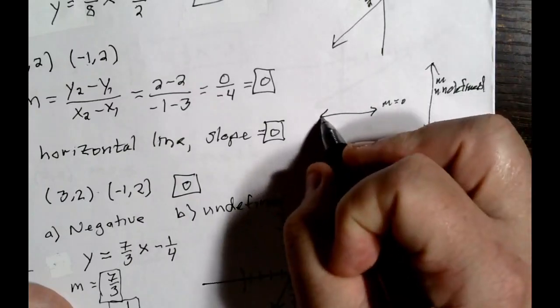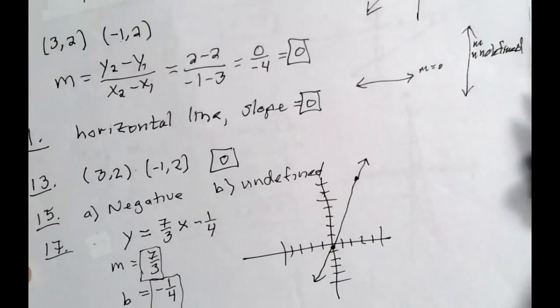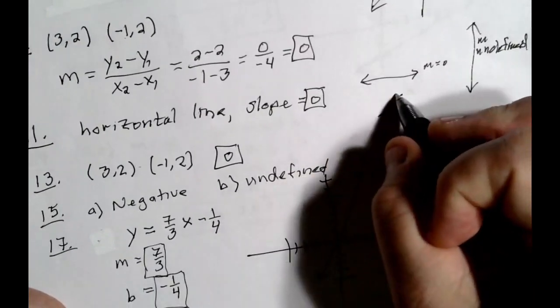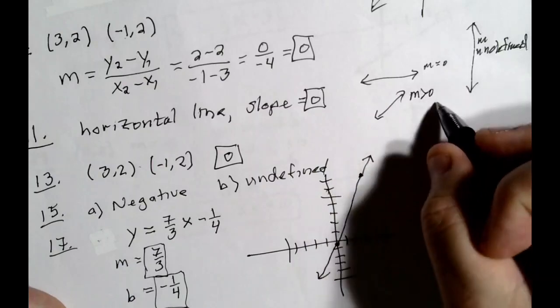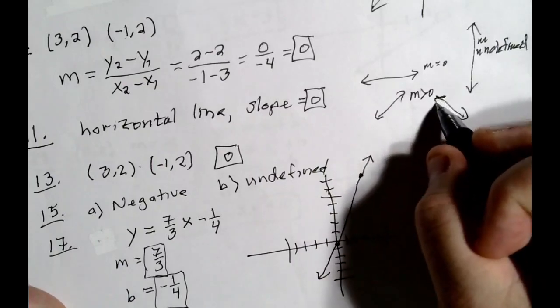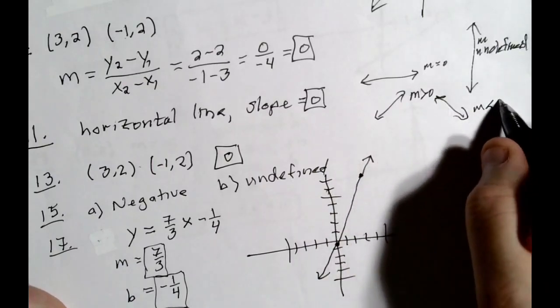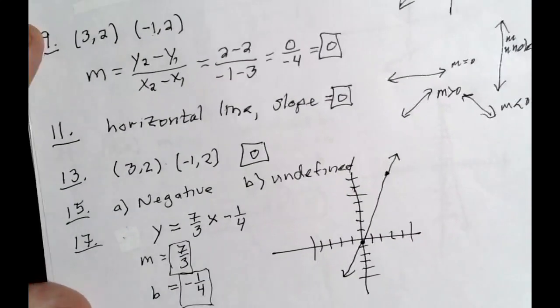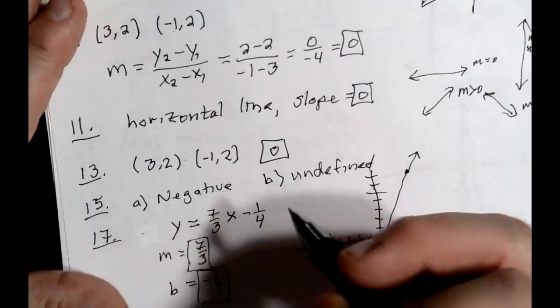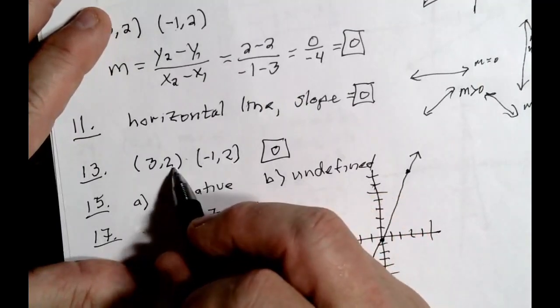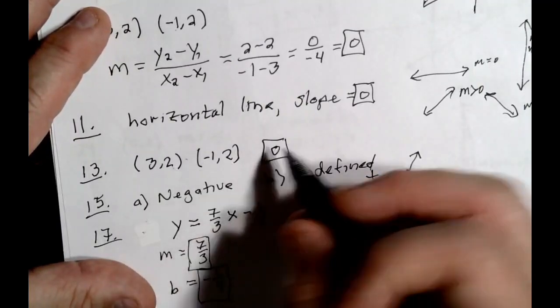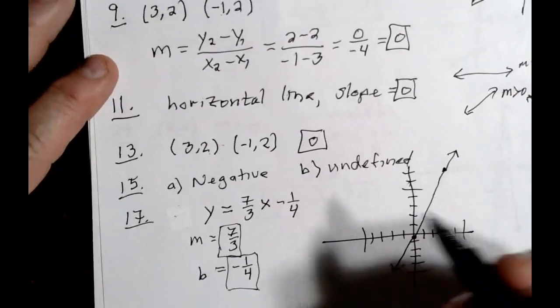A horizontal line has a slope of 0. Okay, and this is positive slope, and here is negative slope. Alright, so 13 asks you to find the slope of this line. Well, when you do your y-coordinates, y2 minus y1, you're going to get 2 minus 2 is 0 again, so you know it's going to be 0.